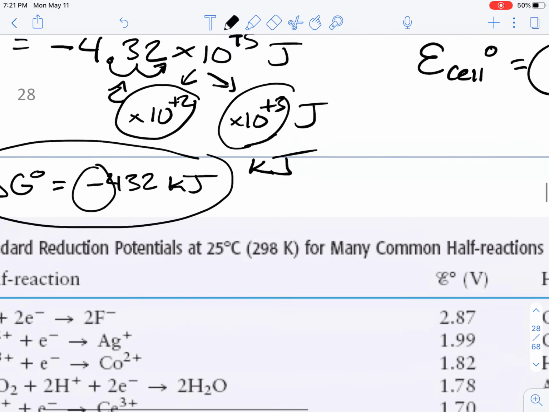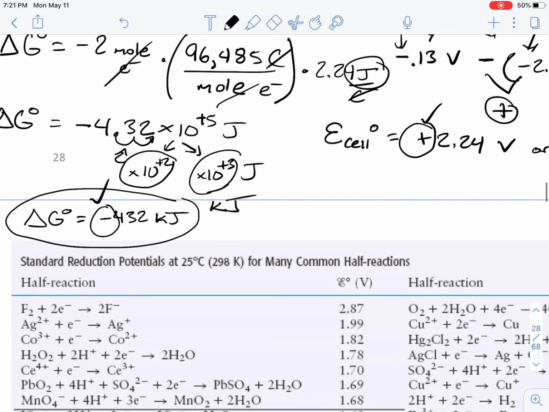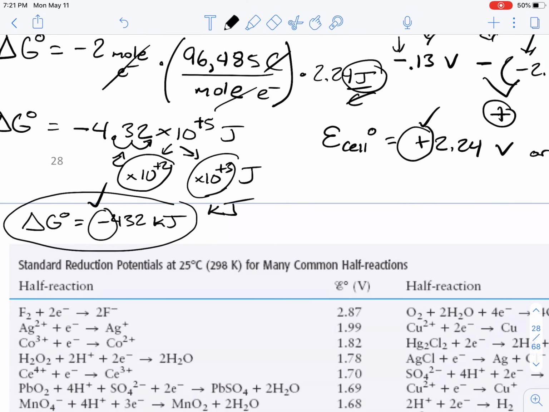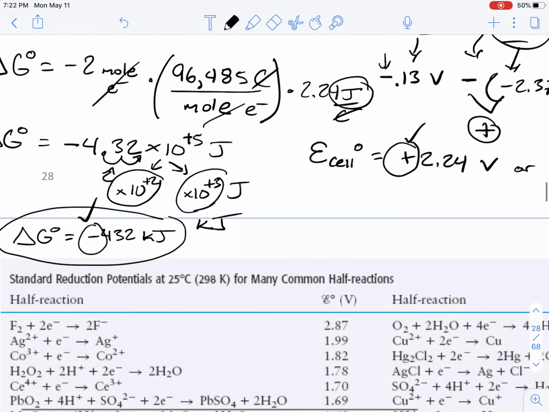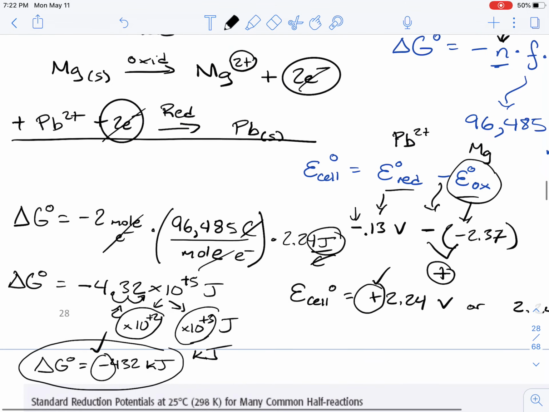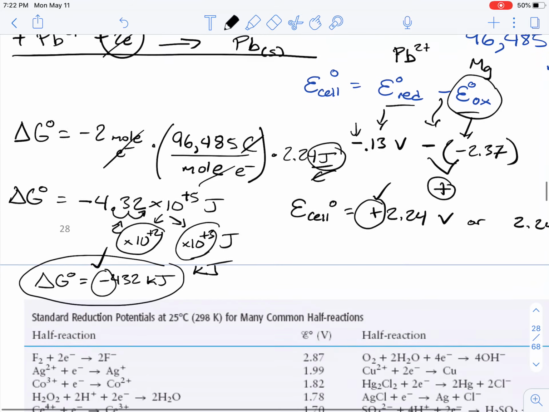And so basically, since both signs are telling me the same story, then in terms of the signs themselves, I've done the calculation correctly. The only way that you guys can get this wrong is if your number is wrong, right? And so just go ahead and make sure to check your work.